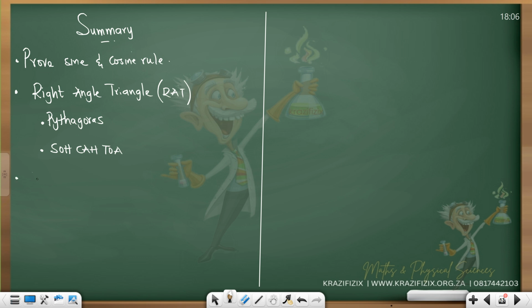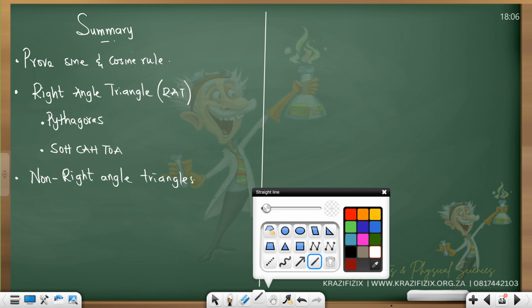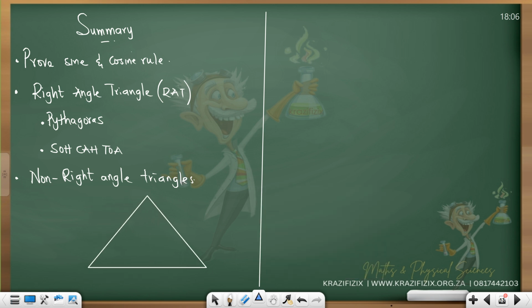Now, non-right angle triangles. The first thing that I quickly want to go through here, although I should have gone through it when I was saying right angle, but it's okay, is to help you see angle A, angle B, and angle C. The side facing angle A, we usually use a small letter a.